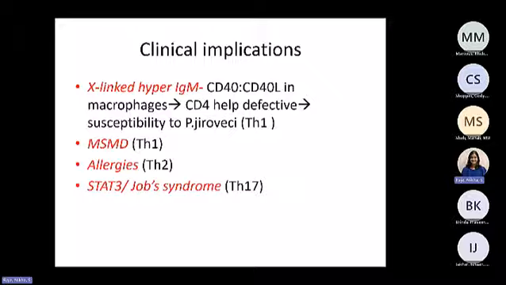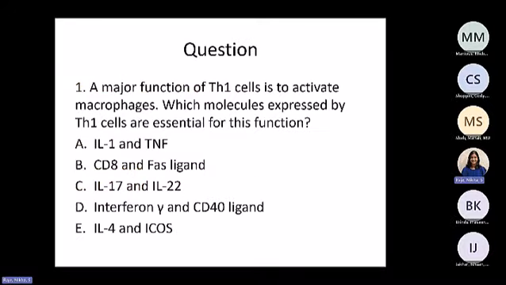Th2 subset, easy, you all know it can be involved with allergy issues. And then Th17, defect in STAT3, can lead to Job syndrome or hyper IgE syndrome. That's just a short list of some of the things that can happen.